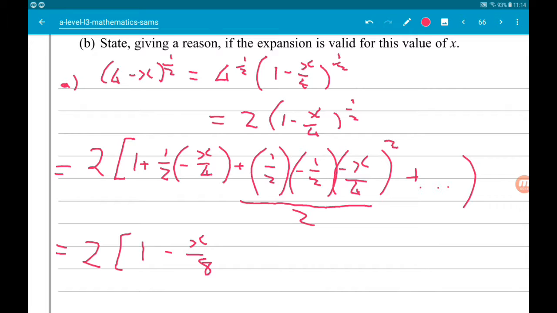Okay, now that we have 1/2 times minus 1/2, that's minus 1/4. And then we're going to have x squared over 16. So 4 times 16 is 64. So up to there we have minus x squared over 64. That is being divided by 2, so that's going to give us minus x squared over 128.